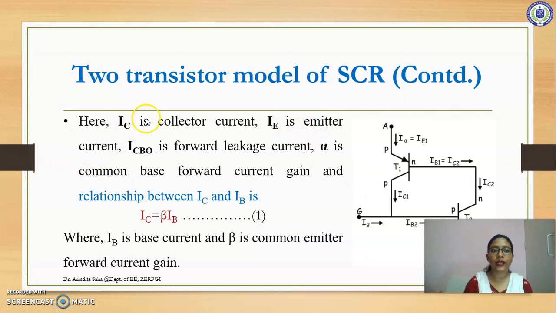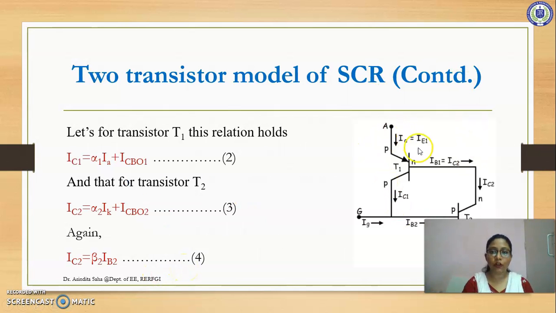Now we know that IC is the collector current, IE is the emitter current, ICBO is the forward leakage current, and alpha is the common base forward current gain. We know the relationship between the collector current and the base current of a transistor: collector current is equal to beta into IB, where IB is the base current and beta is the common emitter forward current gain.